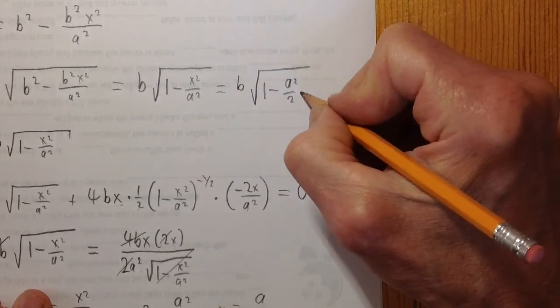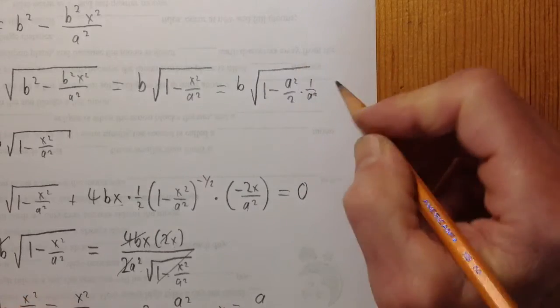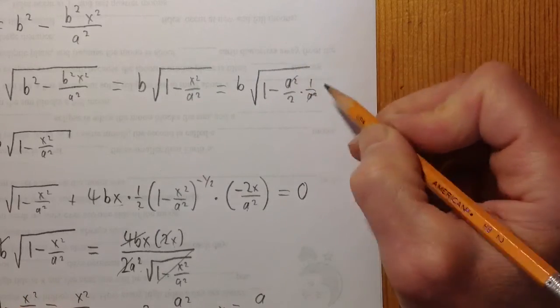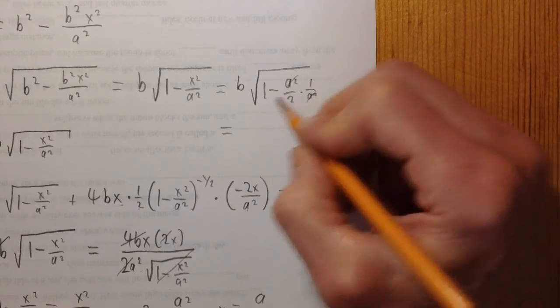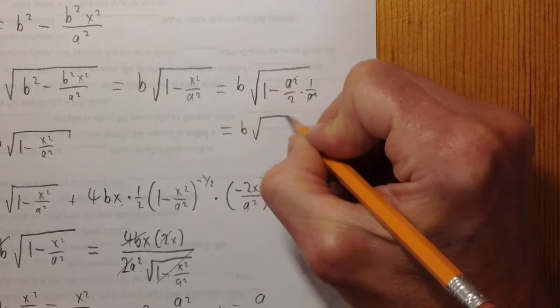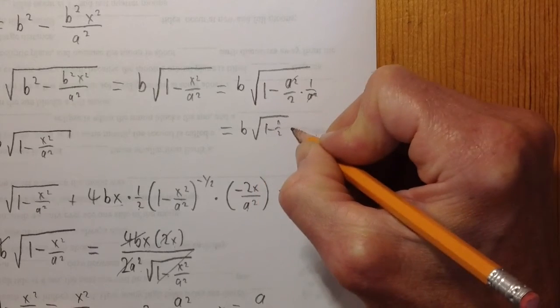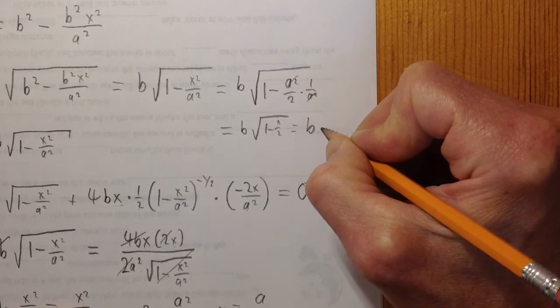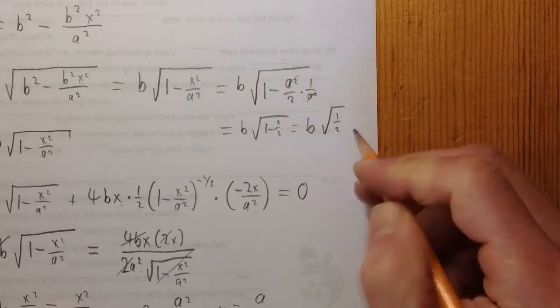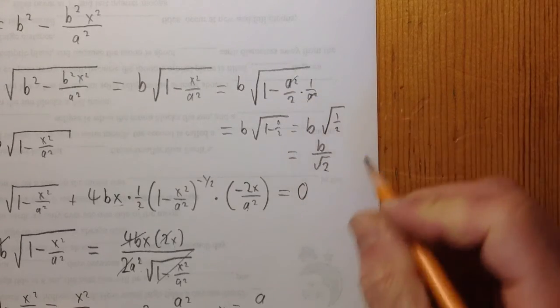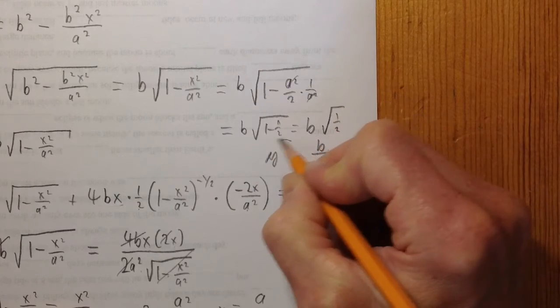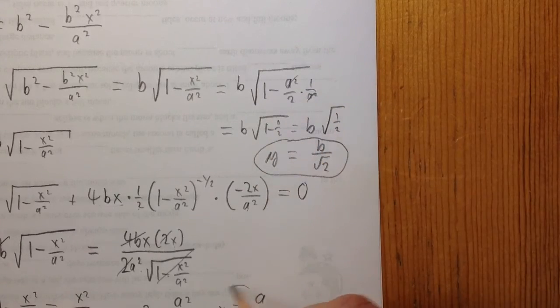And then times 1 over a squared. Well, the a squareds cancel. So that's the square root of 1 minus 1/2, which is b times the square root of 1/2, which is just b over root 2. So that's what our y is. So we figured out that the y value is b over root 2, and x is a over root 2.